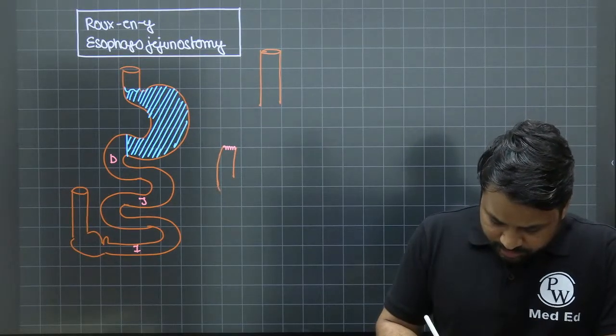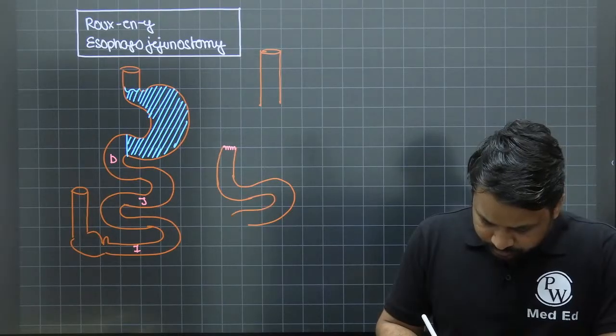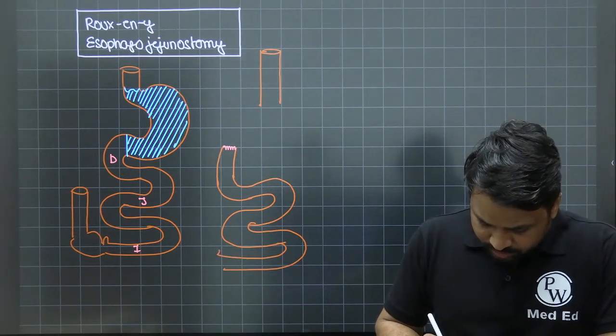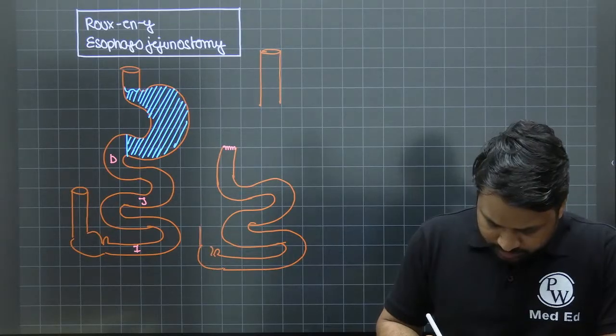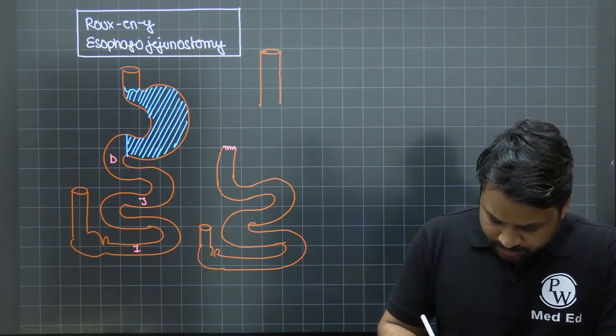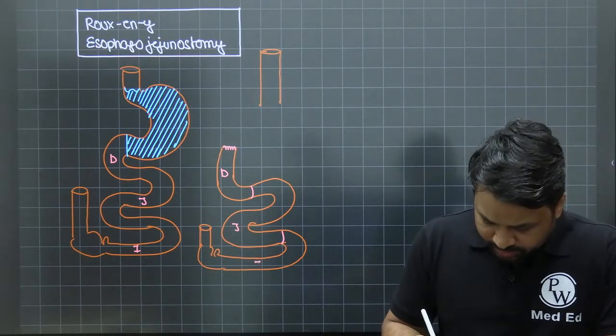Stomach is removed. This is the jejunum that is present, the ileum that you have, the terminal ileum. This is how it is present, correct? So let's say until this point it was the duodenum, right? Until this point it is jejunum and then it is ileum.